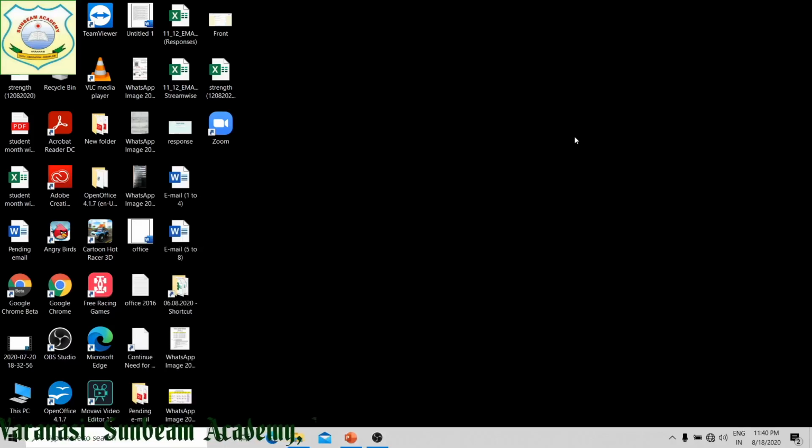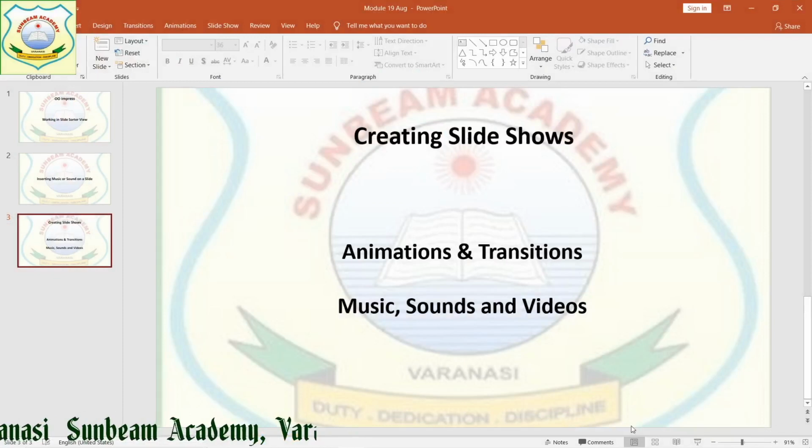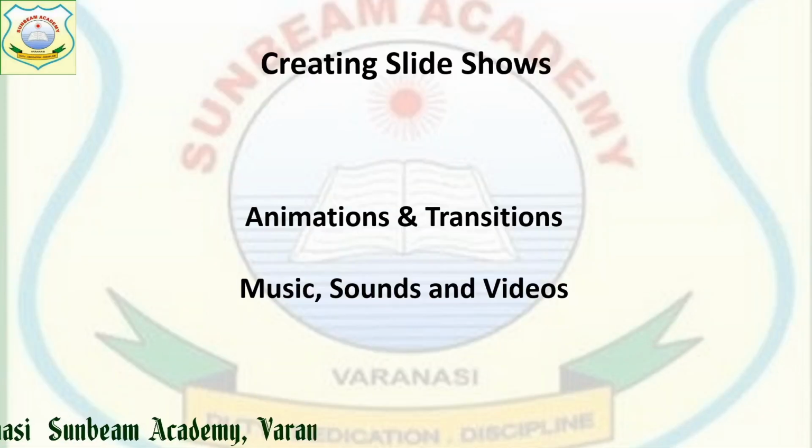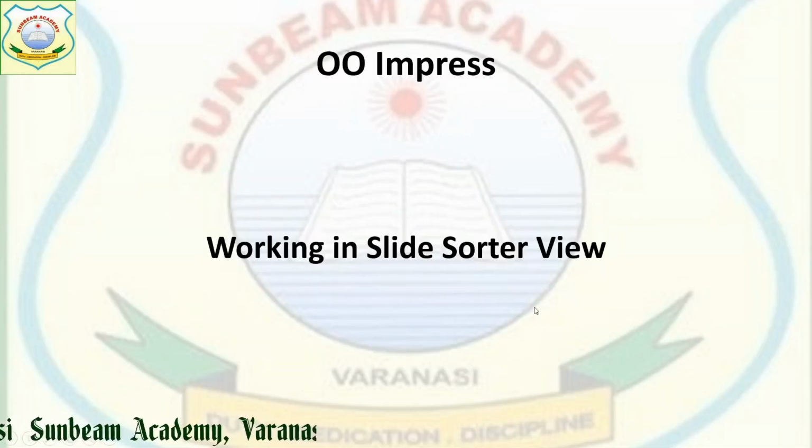Students, today we are going to learn a few new things in our Impress, that is working in slide sorter view. First of all, we have to know what slide sorter view is. Slide sorter view is a thumbnail view of miniature slides.